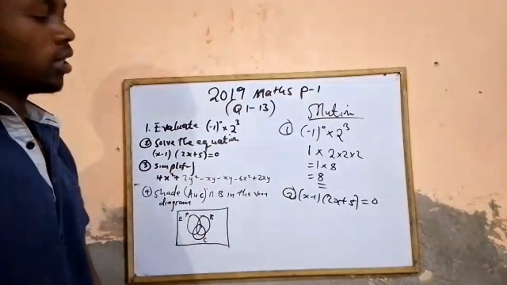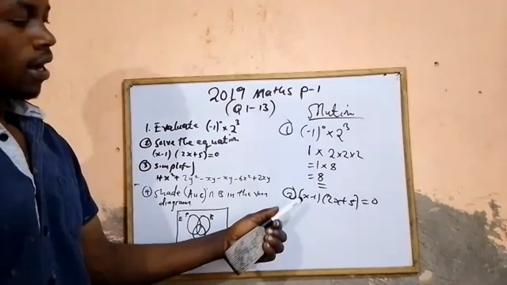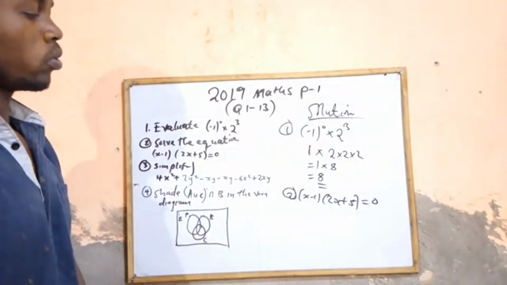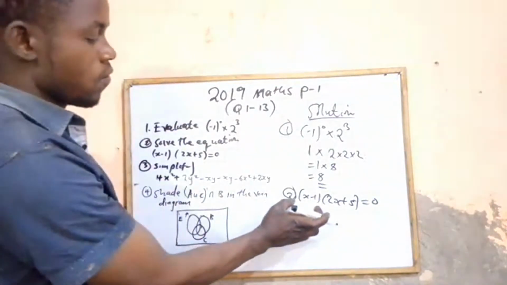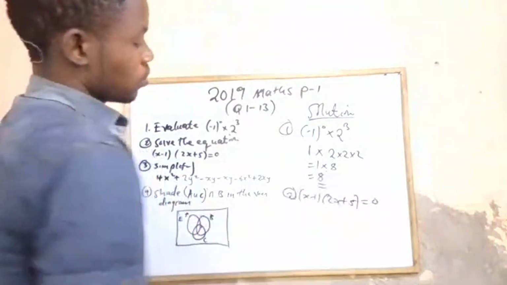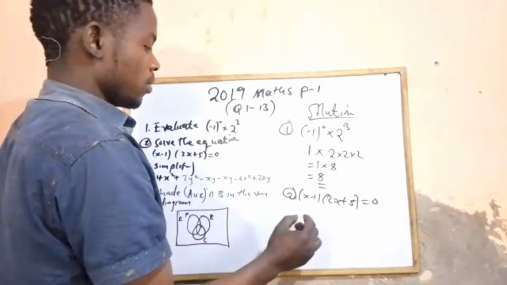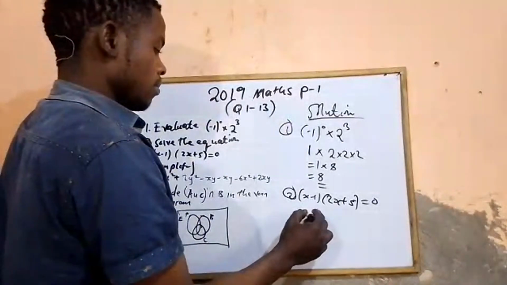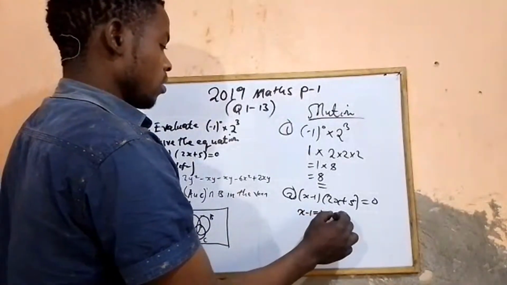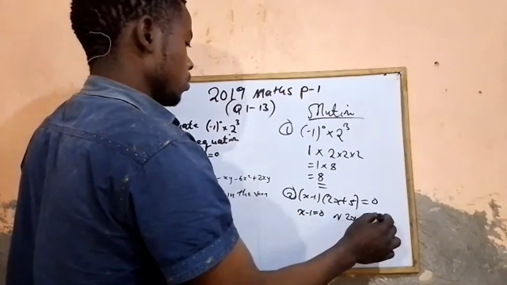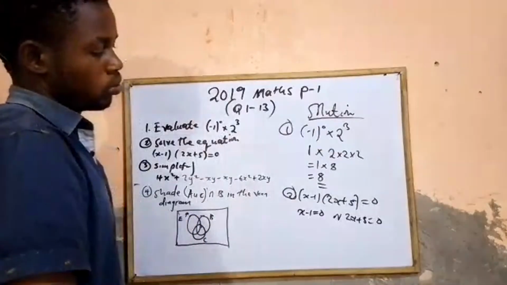This expression is already factorized. What you have to do is equate each of these expressions to 0. Simple and straightforward. So we say x minus 1 equals 0, or 2x plus 5 equals 0. That's the way we do it.